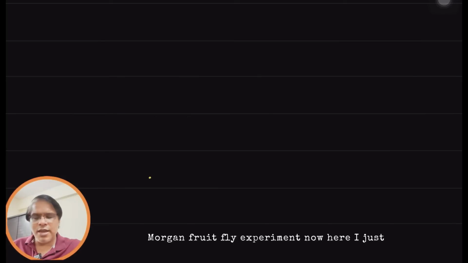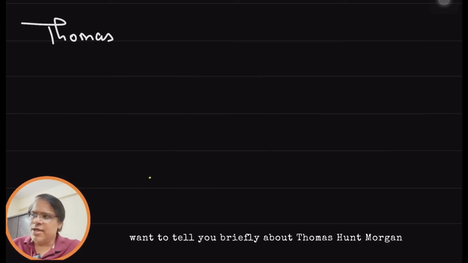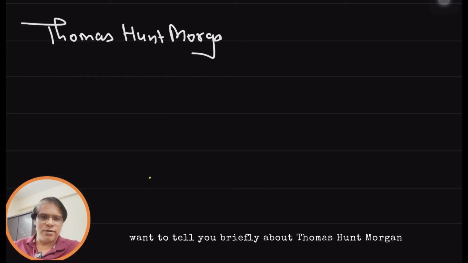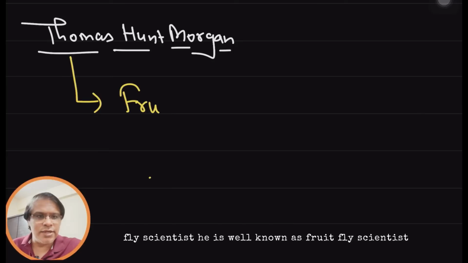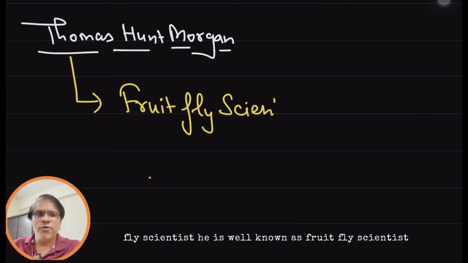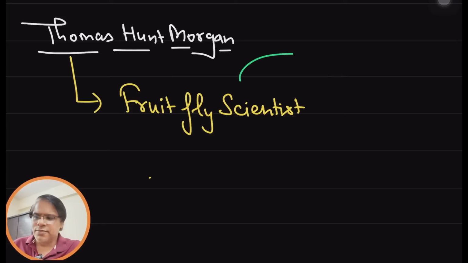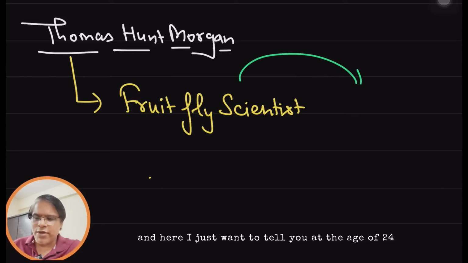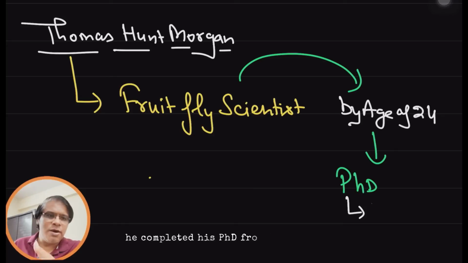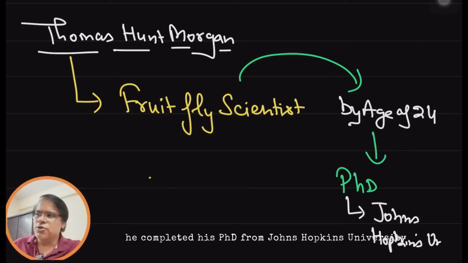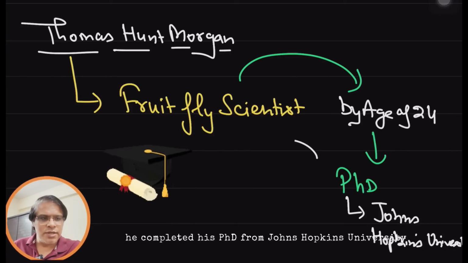Now I just want to tell you briefly about Thomas Hunt Morgan. Keep in mind he is well known as the fruit fly scientist. By the age of 24 he completed his PhD from Johns Hopkins University.